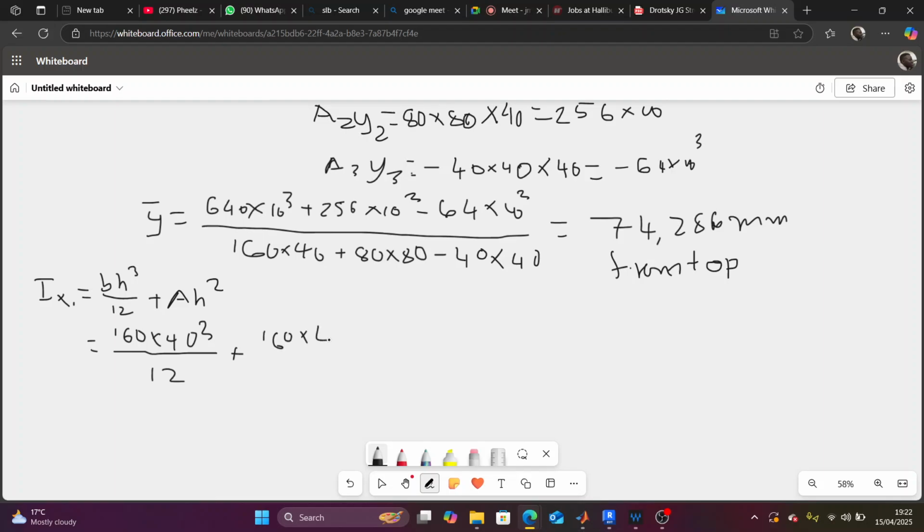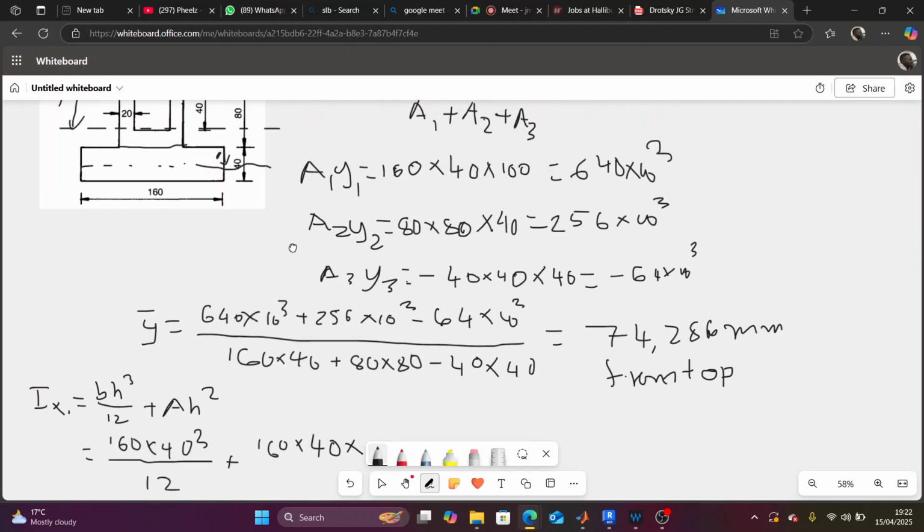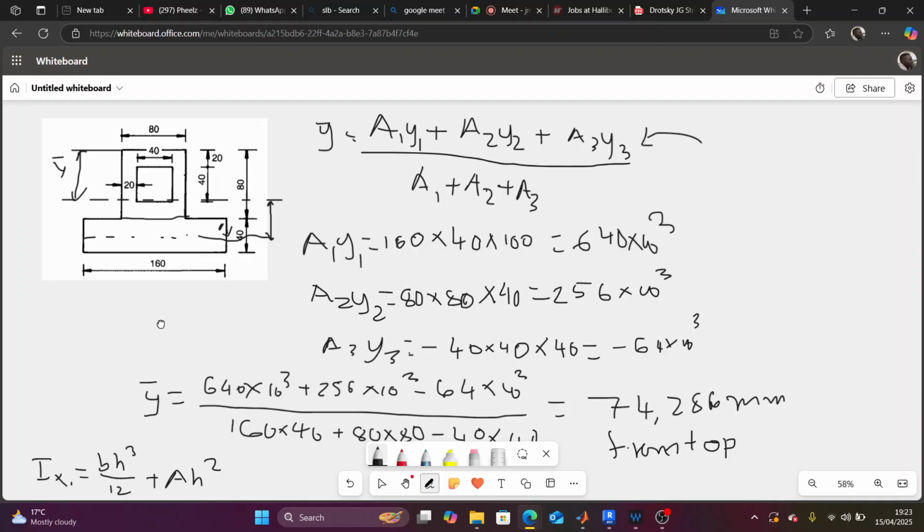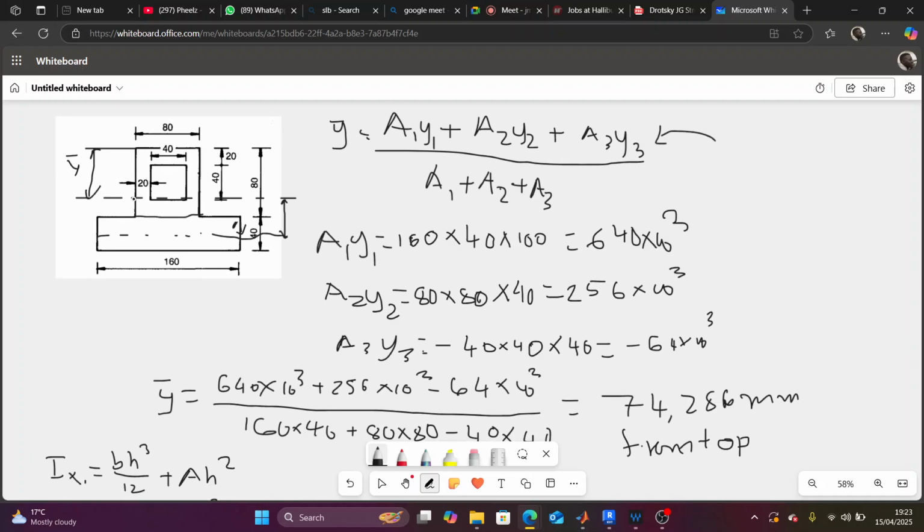Plus what is the area? 160 by 40. Let's do it quick. Multiply by 40 squared. Multiply by, now we have to find out what is the distance from this center of gravity to this one, squared. How do we find it? If this is y bar, what calculation can we do to get this remaining? Let's think together.